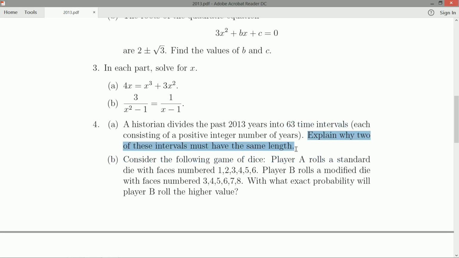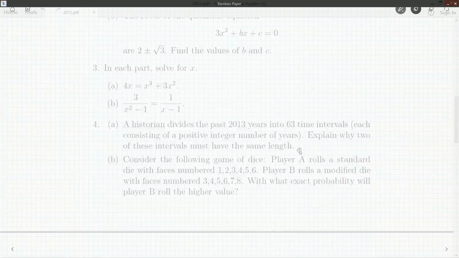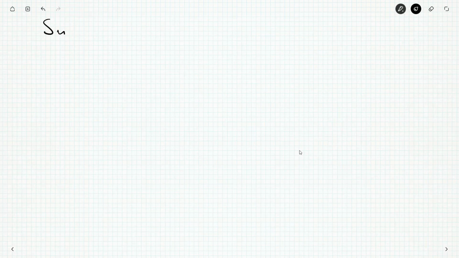Well, suppose that no 2 had the same length. Let's try for a proof by contradiction. Suppose that no 2 have the same length.